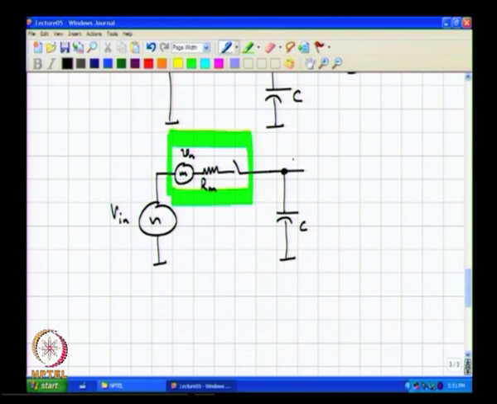So, the voltage sampled on the capacitor is V in of kT plus some V n out of whatever kT, where the mean square value of V n out is independent of the resistance.